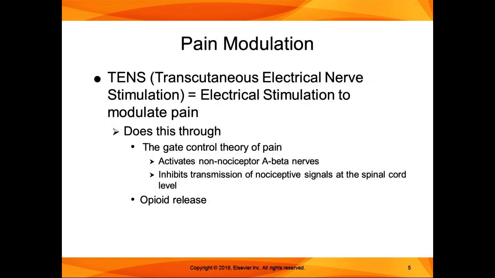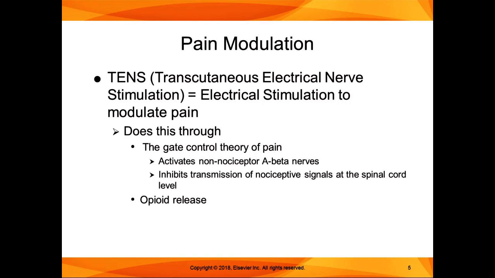So, TENS is used to modulate pain, and it does this through either the gate control theory, which is a sensory application, where we activate the non-nociceptor A beta sensory nerves, and they inhibit the transmission of nociceptive signals at the spinal cord level. It's that gate control again.